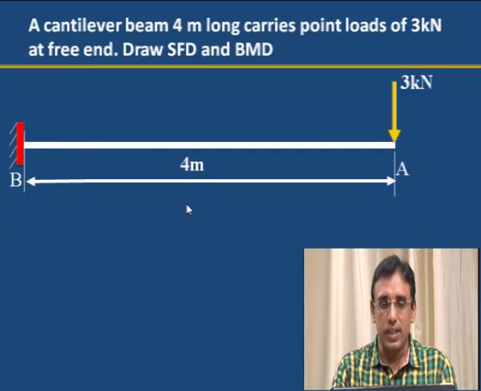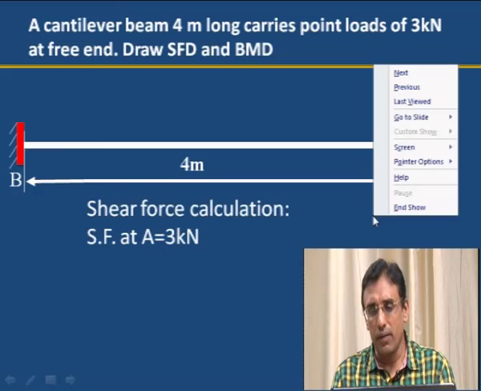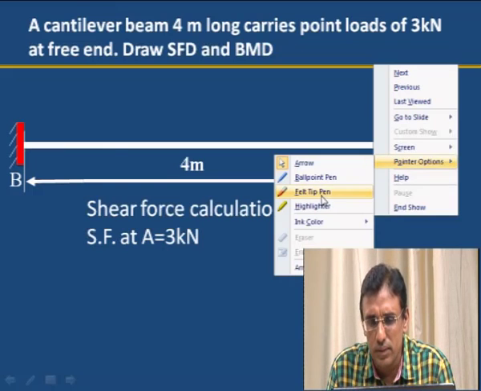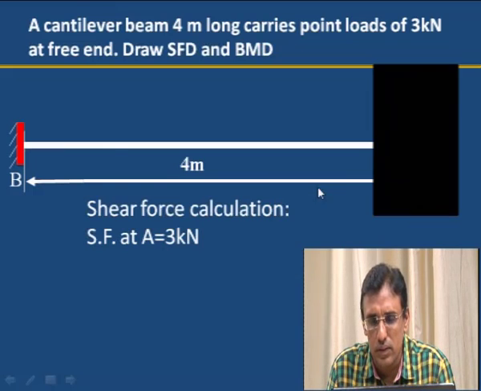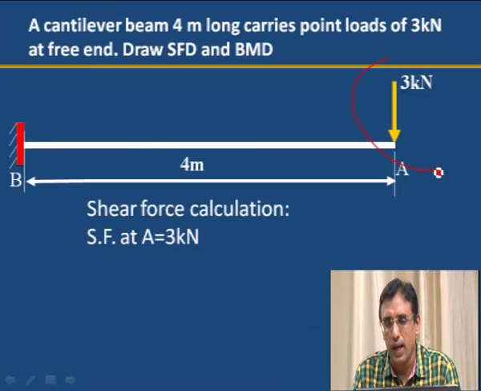After drawing the sketch, to calculate the shear force, first shear force at A. Here at A we can observe 3 kilonewton is acting. That 3 kilonewton is considered as the shear force.